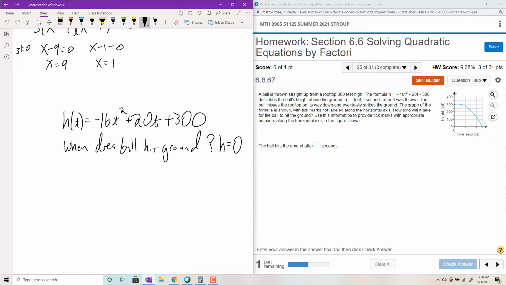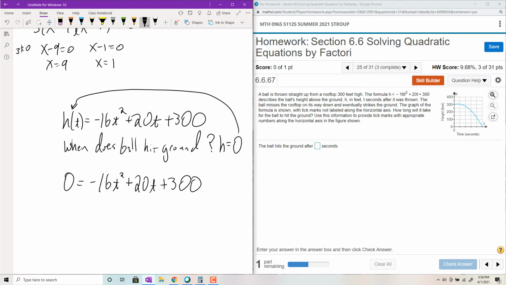So you just take the 0 and replace this h of t thing with it. And then what we're going to do is solve for t, the time at which the height will be 0. There's going to be 2 answers. And you can see over here on the graph, one of the answers is, if you kind of continue this shape here, it's going to be over here in the negative part, in the negative time.